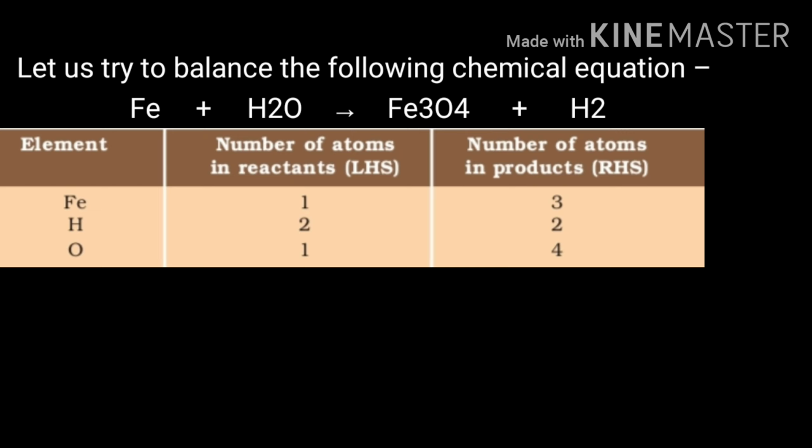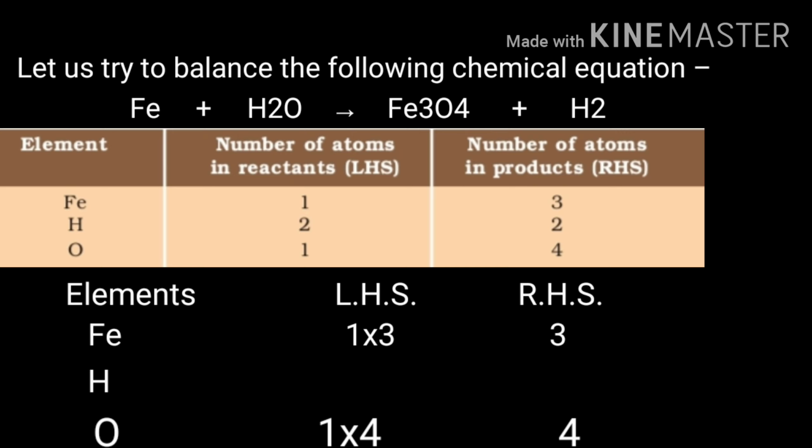For oxygen 1 on the reactant side and 4 on the product side. Let's balance the equation. We will start with the easiest one. So first we will balance the number of iron atoms, as it is easy to start with this. So multiply it by 3 on the left hand side. This way on both sides the number of iron will be balanced.